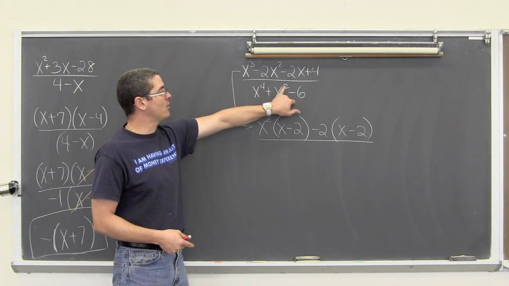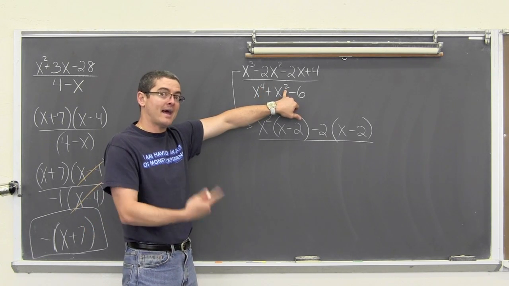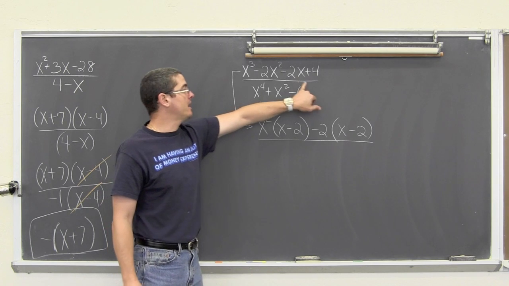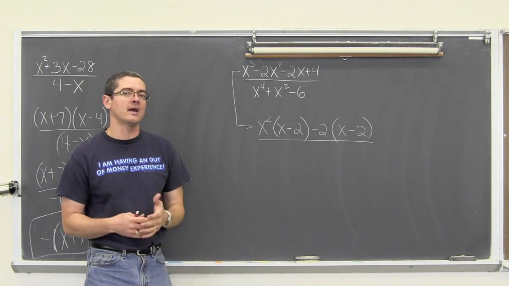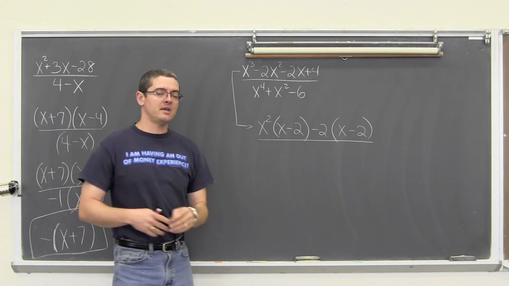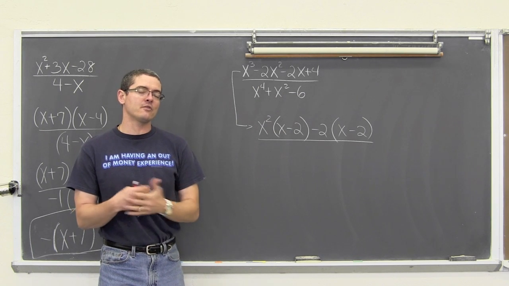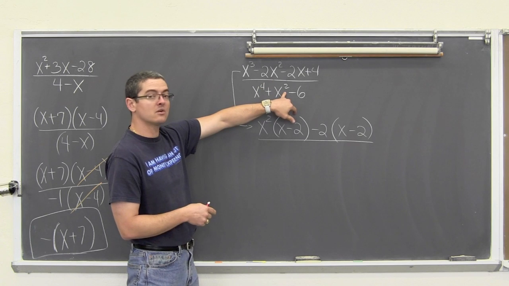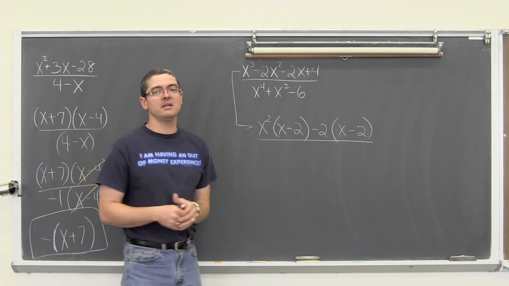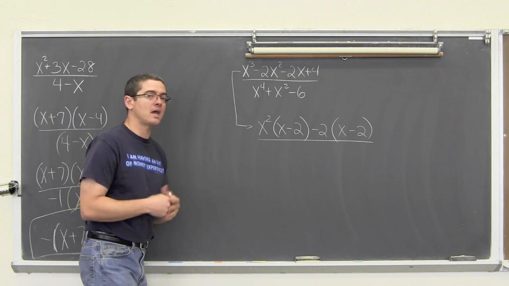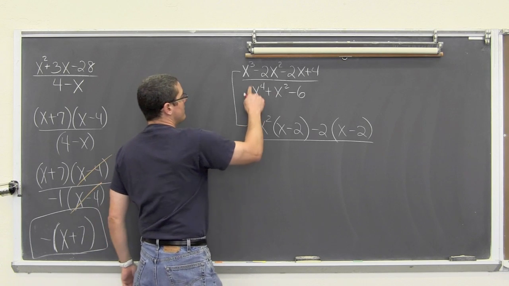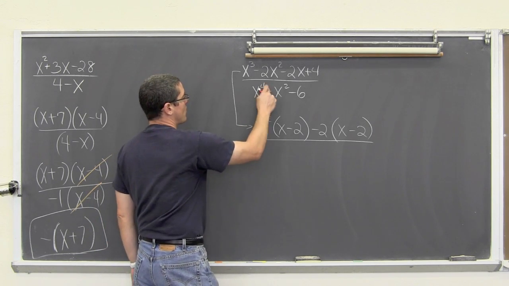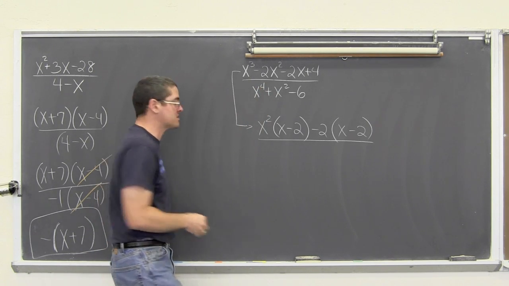So we have a power of 4, and then it gets halved, divided by 2, and we have a power of 2, and then the power goes away. This will follow that same pattern that we've been doing for factoring quadratic trinomials. As long as your power gets decreased by half and then completely disappears in the last term, you're okay with that. We have a leading coefficient of 1, so the square root of x to the fourth is x squared.